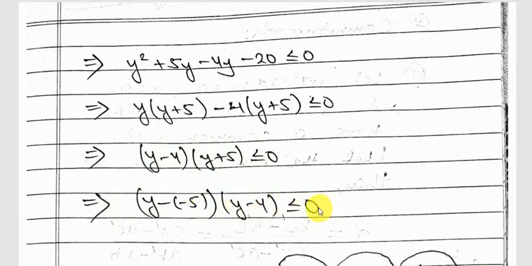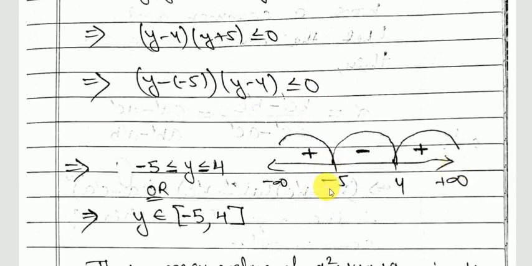Done. Now number line, minus 5, 4. Now where does 0 lie? In this interval. So let's put 0 over here. I get plus 5 here, minus 4, so it's coming negative. So for this interval it's negative, for this positive, and so on alternately.